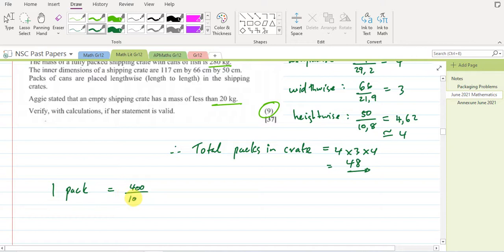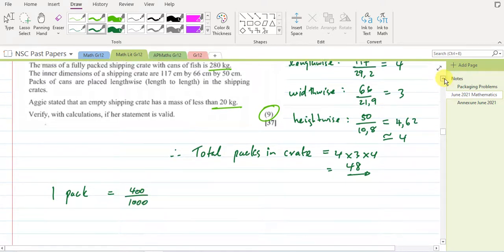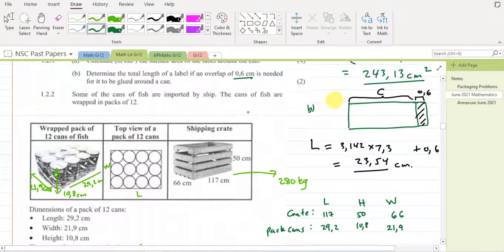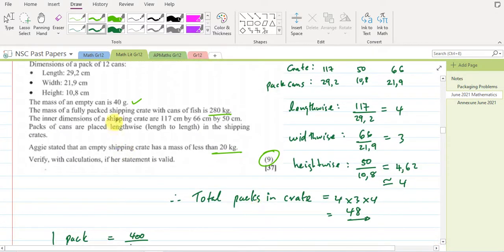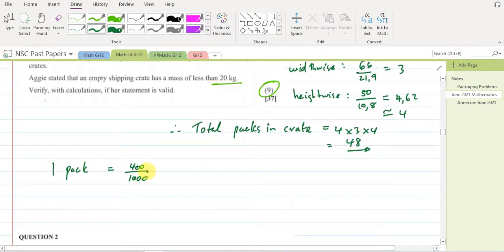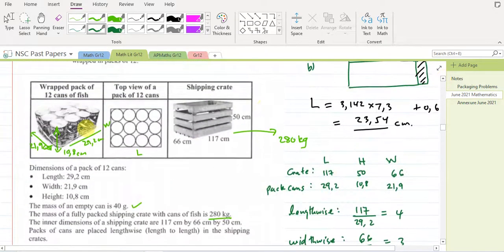Each tin is 400 grams plus an empty tin, which is 40 grams. So you need to say 400 grams plus 40, over 1000, so that will give you kg. That's a total net weight of 1 tin, times how many of them are in the pack.